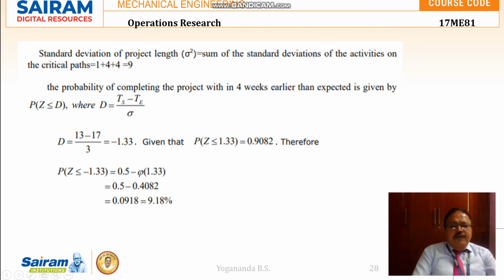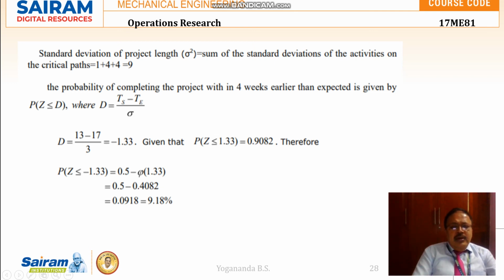So if we refer to the normal distribution table for this z value of 1.33, under 1 we have to search the third column and the third reading. So from the normal distribution table, we are getting the probability 0.9082.